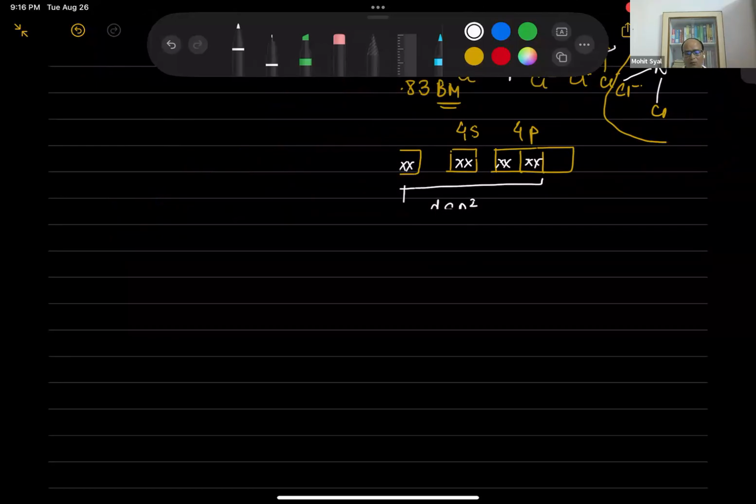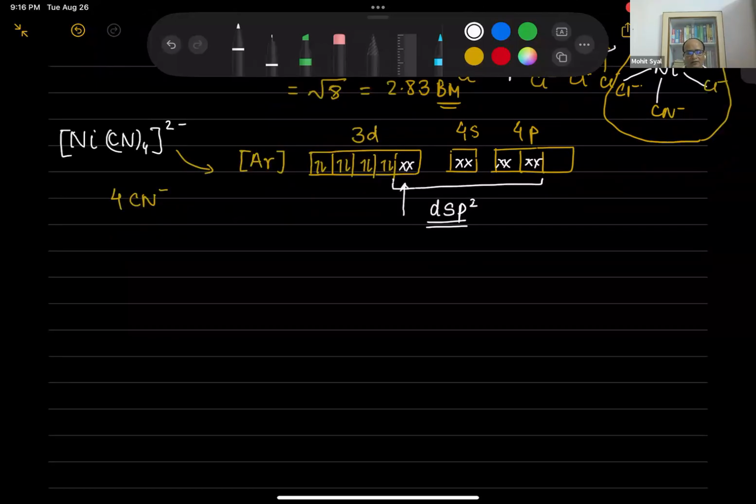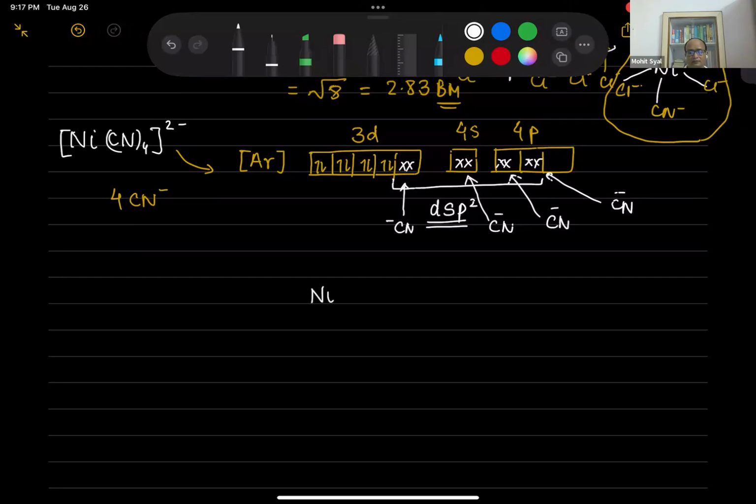Is it clear? These are the lone pairs. Why have I represented the electrons in a different manner? Because these are the electrons from the cyanide. Got it? And this is dsp2, so it is going to be a square planar complex.